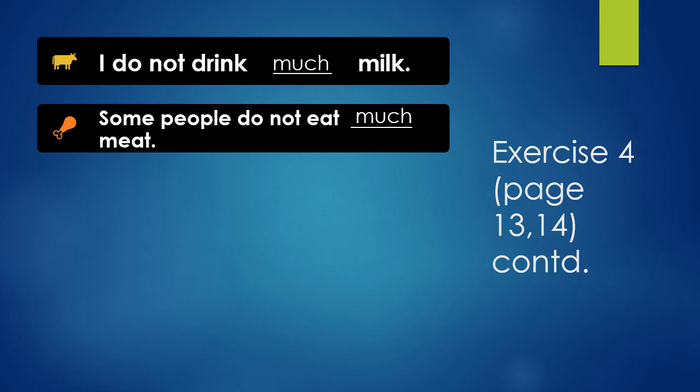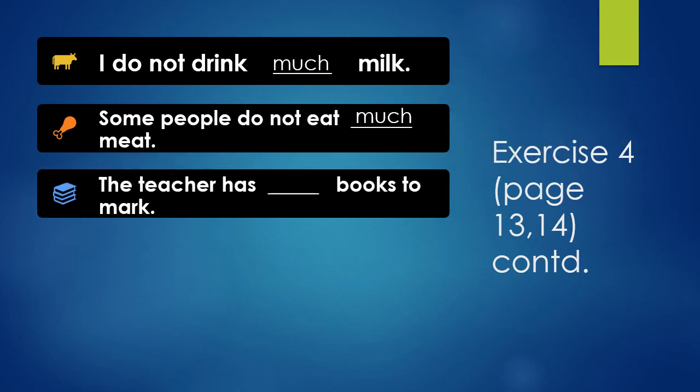Next is, the teacher has dash books to mark. What comes here? Many, as books are countable noun, so many will come with the specific noun. The teacher has many books to mark.